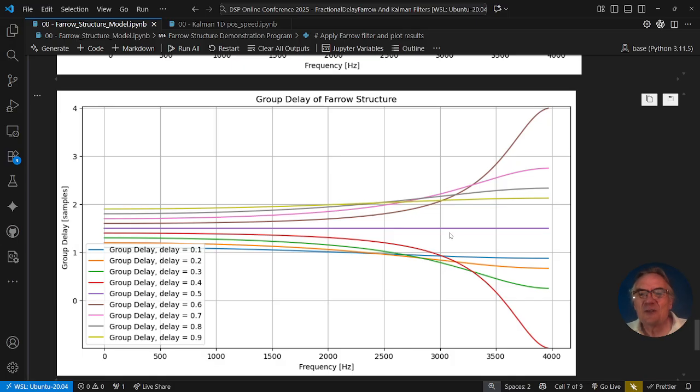You can go and find them on the internet, I'm sure. But actually, if your frequencies of interest are certainly well below half Nyquist, then even this very simple third order fractional Farrow filter structure gives you a very, very good approximation to that fractional delay requirements that you need.